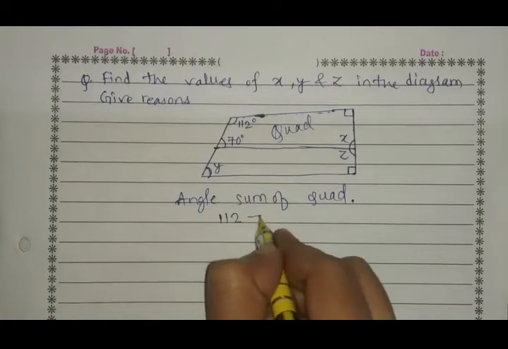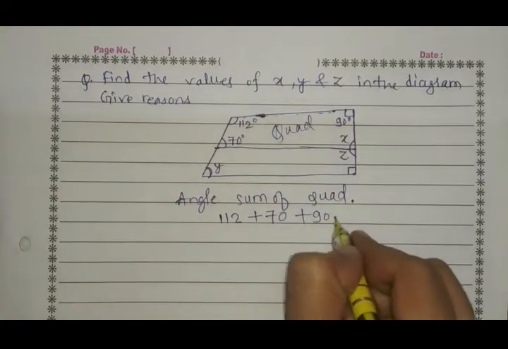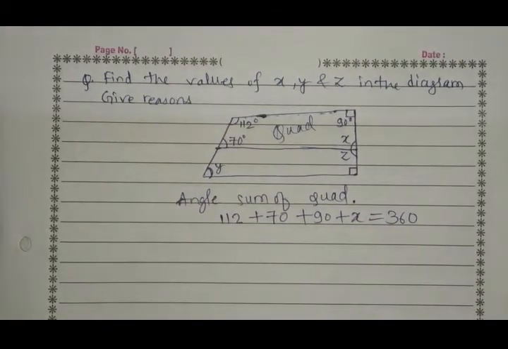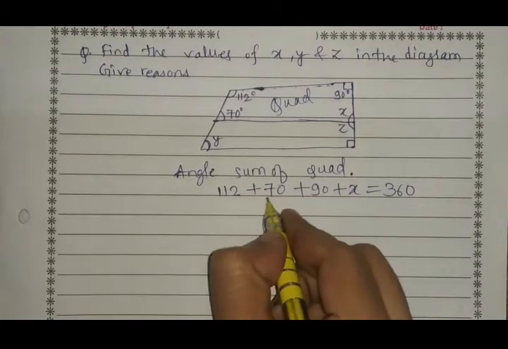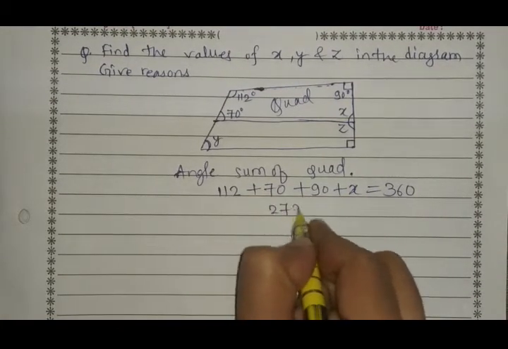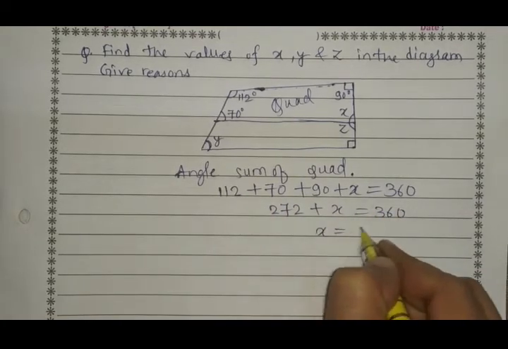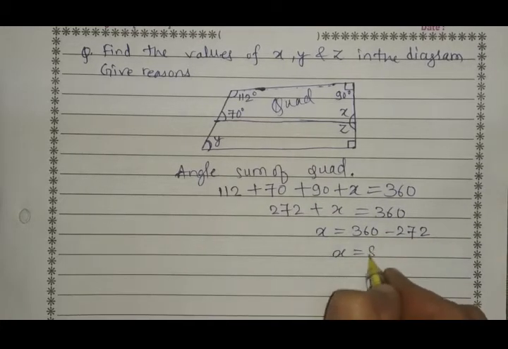So 112 plus 70 plus 90 plus x is 360 degrees. Now 112 plus 70 plus 90 is 272, plus x is equal to 360 degrees. So x is equal to 360 minus 272, so we get x equal to 88 degrees.